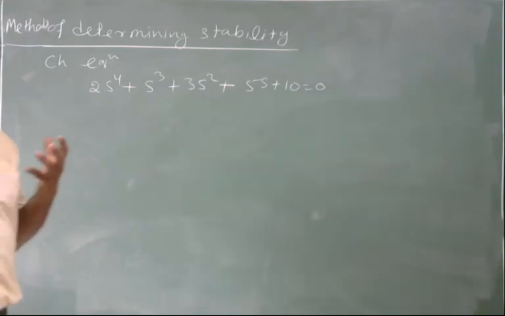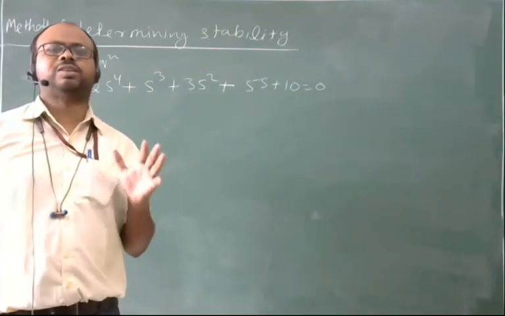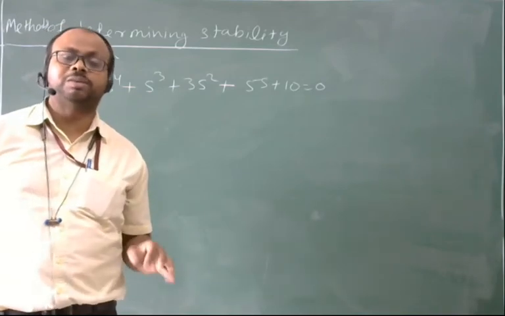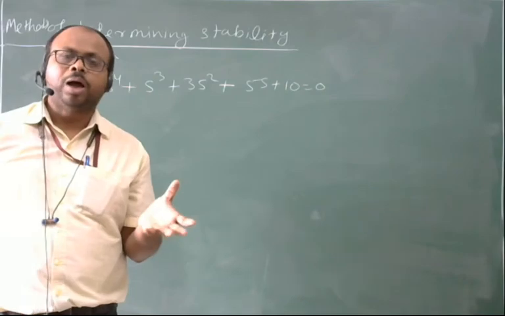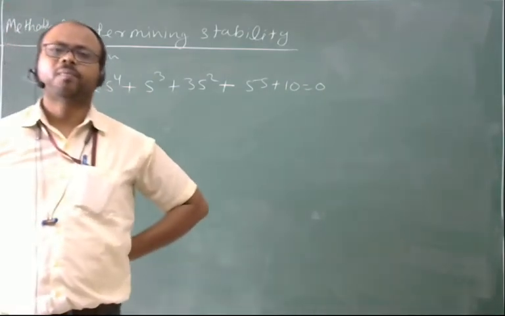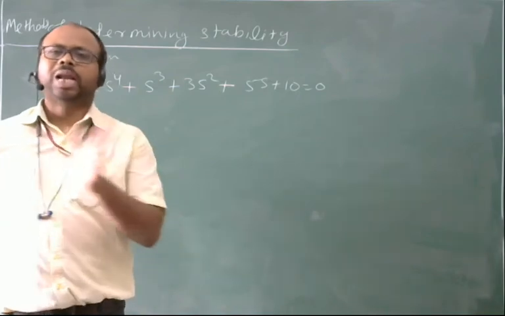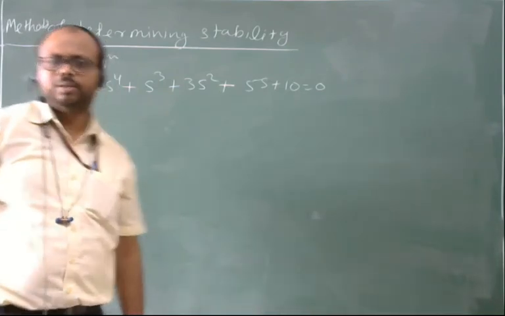If the system is stable, then it is okay, but if the system is unstable, then I have to check how many roots lie in the right half of the S plane.